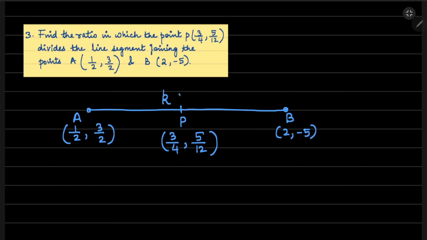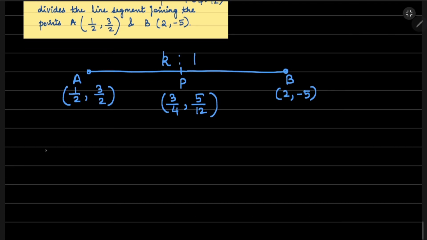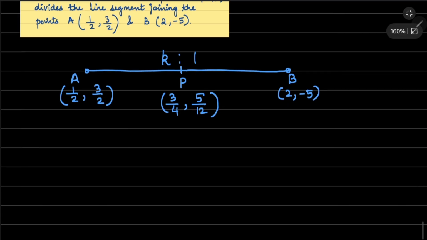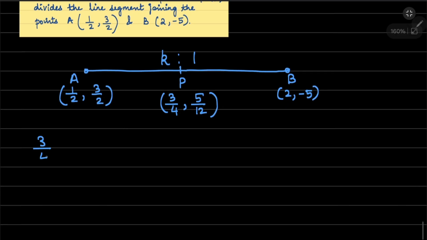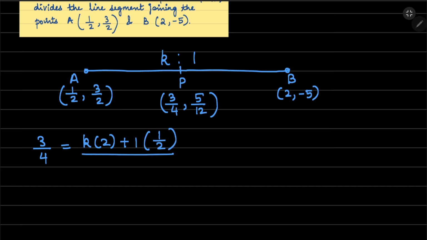So let the ratio always be k:1. Okay, and let's apply the section formula. So 3 by 4 is equal to the x coordinate of the point that is dividing the line AB internally, which is k multiplied by 2 plus 1 multiplied by 1 by 2, divided by k plus 1.